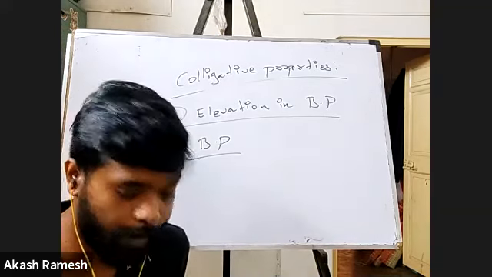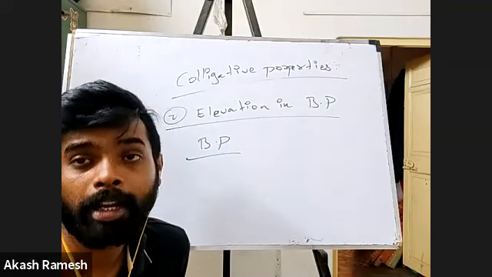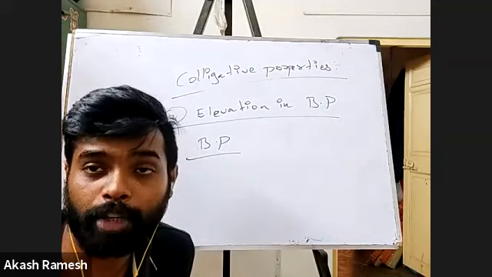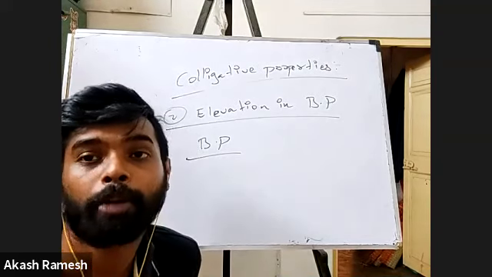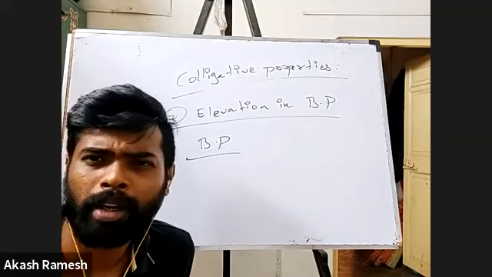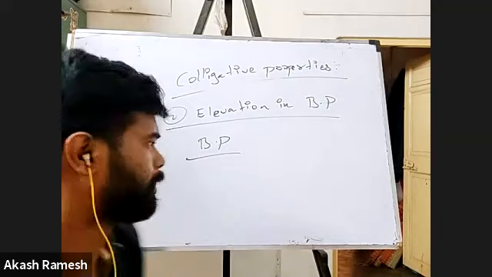So the boiling point definition goes like this: it is the temperature at which the vapor pressure of the liquid phase becomes equal to that of atmospheric pressure, whatever it is. Now it's pretty easy to understand, people.